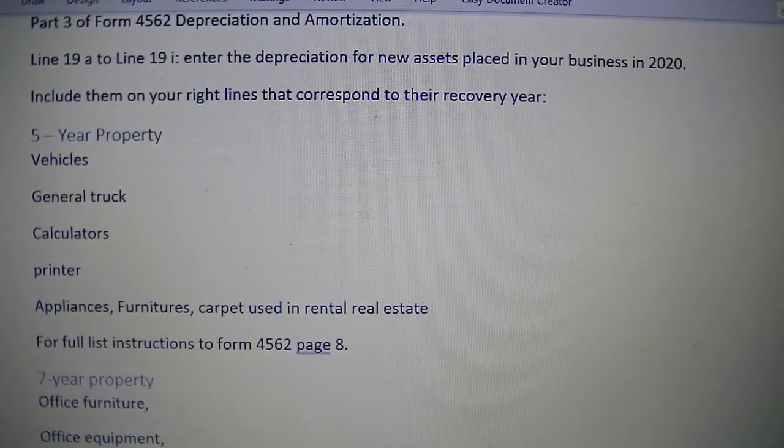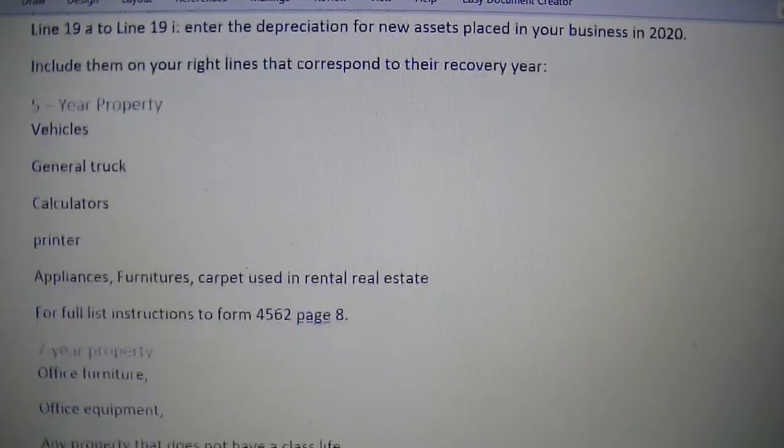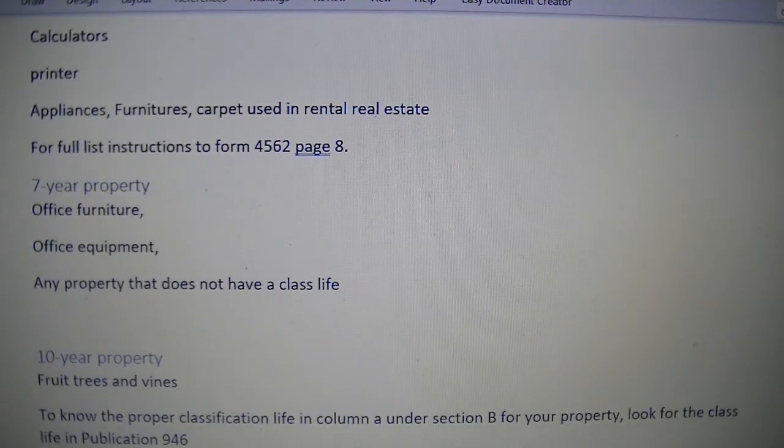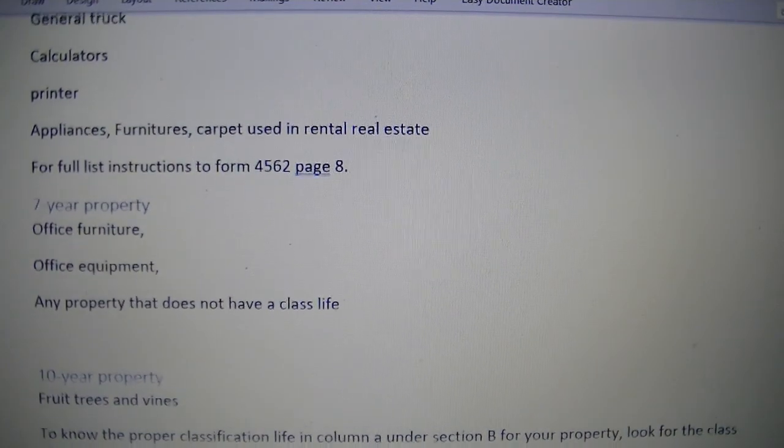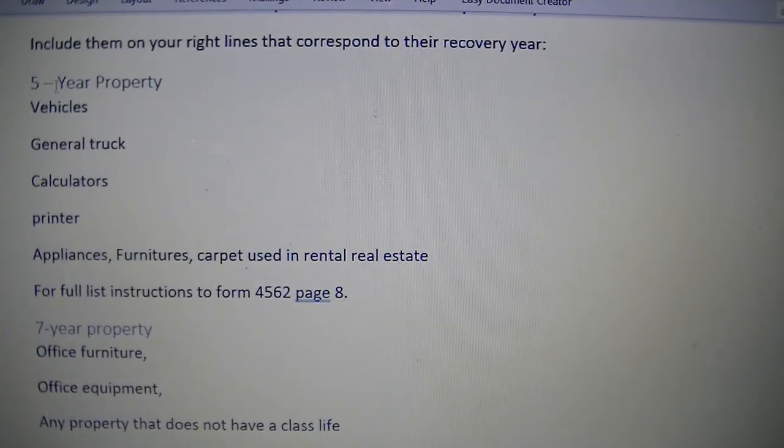And then you have the 7-year property class, which includes office furniture, office equipment, and any property that does not have a class life. So for the 5-year, we have to check to see if calculators are there. 5-year property will include computers, and the 7-year will include office equipment.